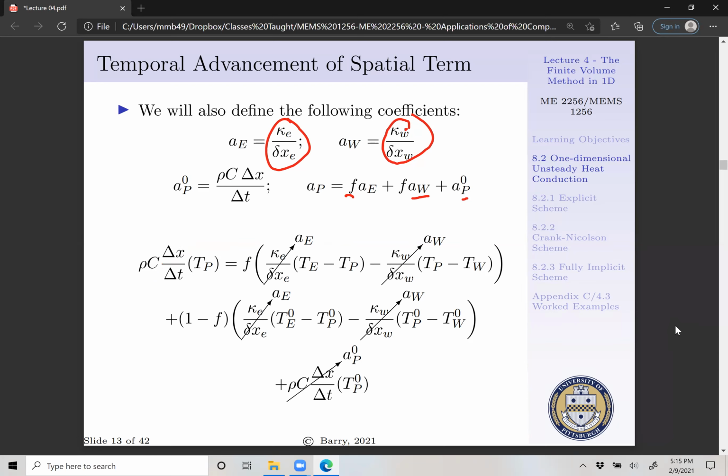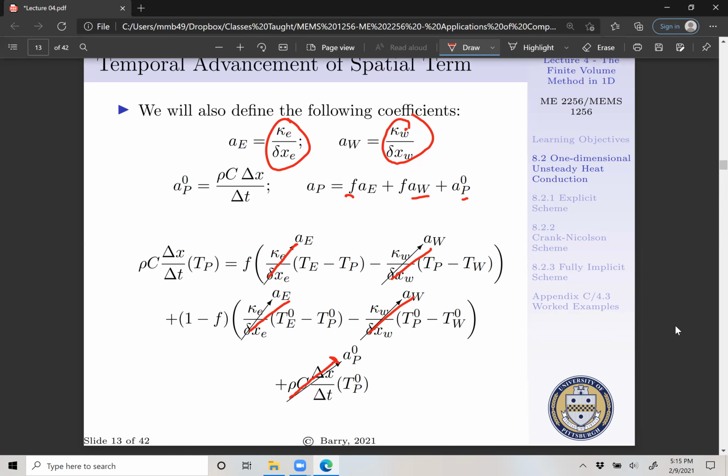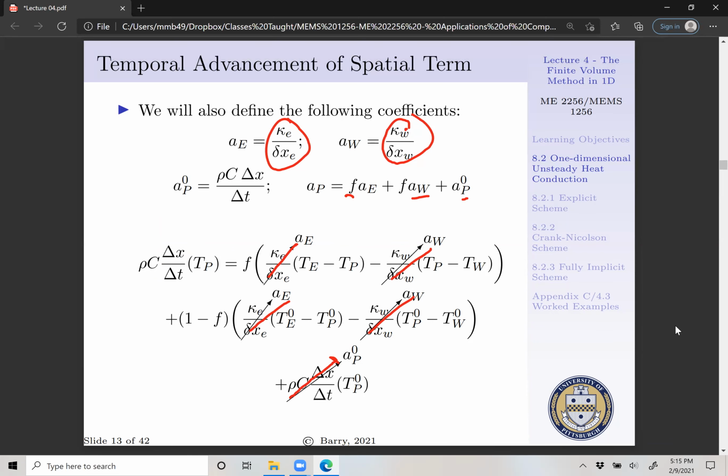Well, actually, oops, I got carried away. This is AP naught down here, because that's evaluated at your previous time step. So you'd have AP naught, A east, A west. So these are going to be our new updated coefficients. Notice A east and A west are remaining unchanged from what we have developed in our code previously.